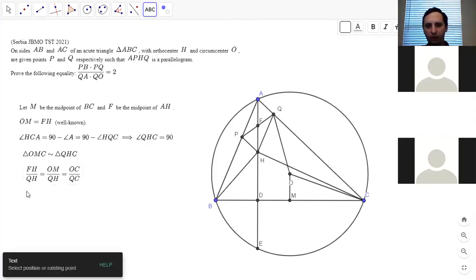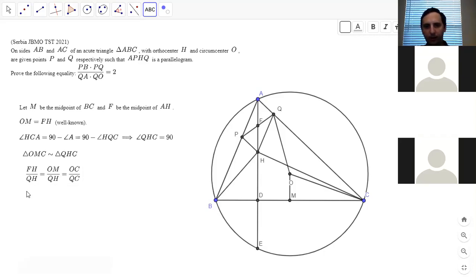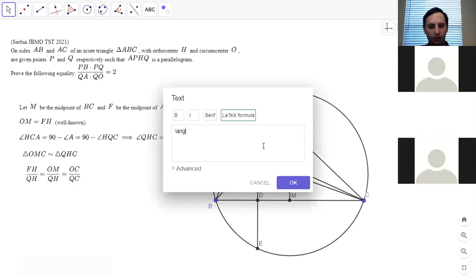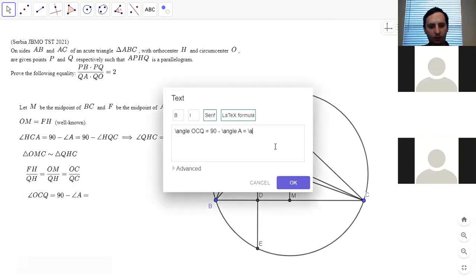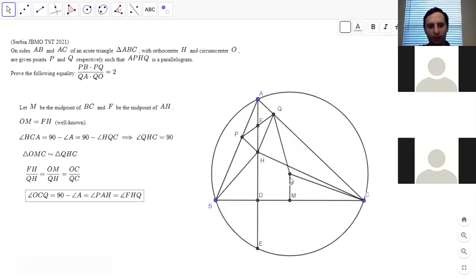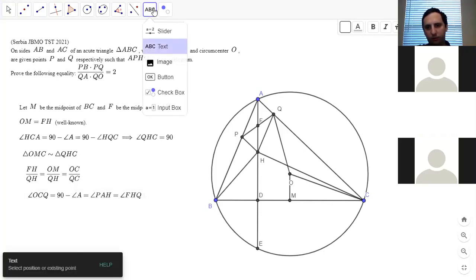Angle OCQ is angle HCB, I'll just say angle OCQ is 90 minus angle A, which is equal to angle PAH, which is angle FHQ. So that means that triangle FHQ is similar to QOC.